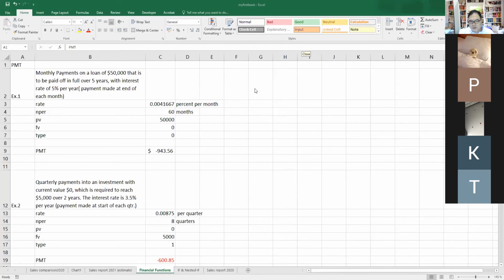So why do you have to specify the type? The reason is that if you pay at the beginning of the period or at the end of the period, the amount of money you have to pay will be different. Paying at the end of the month compared with paying at the beginning of the month is almost 1 month's difference. Let's assume a month has 30 days: if you pay on the first and on the 30th, that is 29 days of difference.